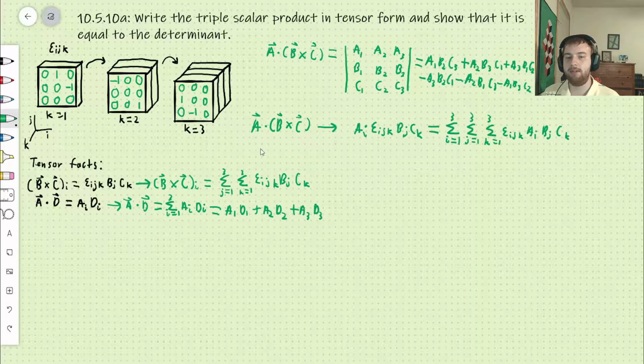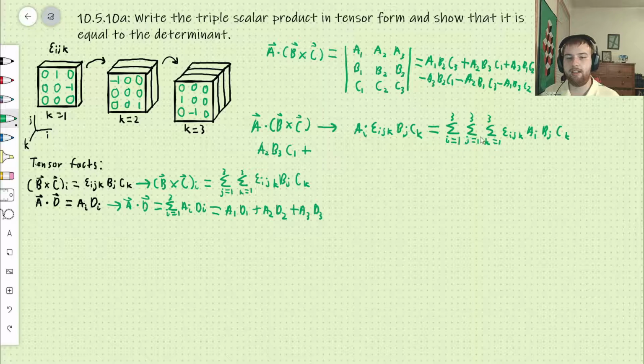So our first one is going to be 2, 3, 1, so that's A2, B3, and then C1, because the point that it's located at gives us the indices.